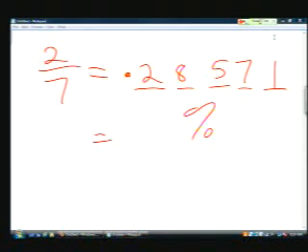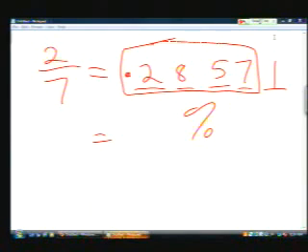A 1 is next. If we wanted to round that to 4 decimal places, does this 7 stay as a 7, or do you bump that to an 8, Courtney? It remains at 7. Yeah, it stays at 7 because the 1 is less than 5.